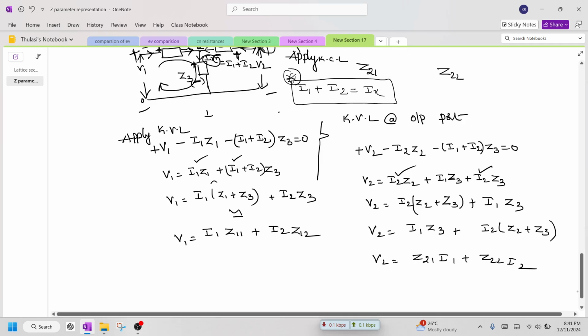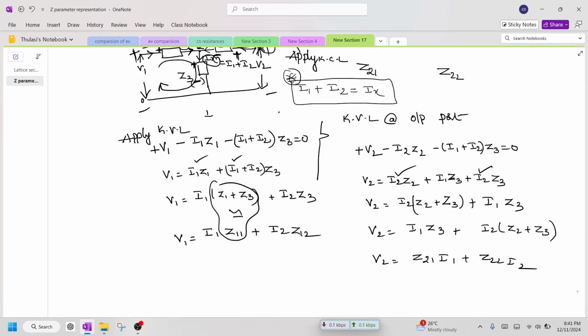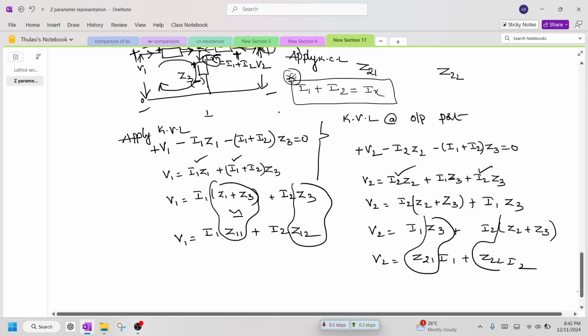So when you compare, Z11 is Z1 plus Z3. The value of Z3 is this one, and Z21 is Z3, and Z22 is Z2 plus Z3.